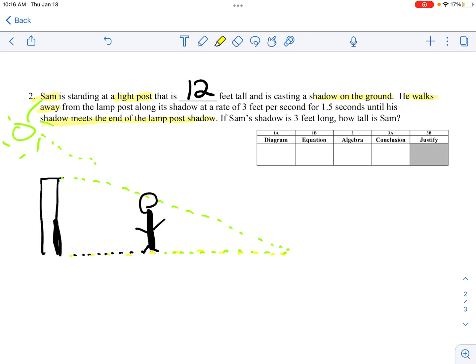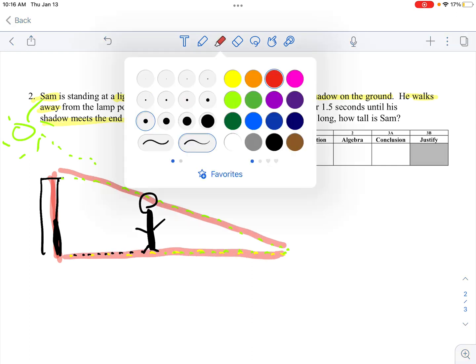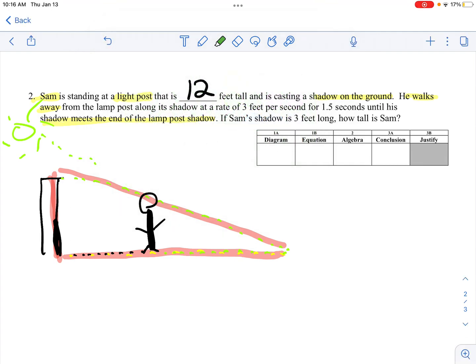Where are you seeing triangles, Parisi? Well, I have the big triangle formed by the lamppost shadow. And then I also have Sam, here's his shadow, and then here's the sun's rays. So those are the two triangles I'm looking at right now.